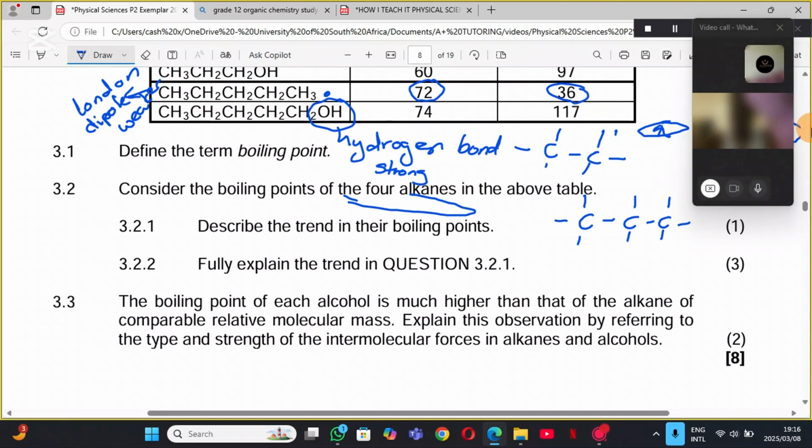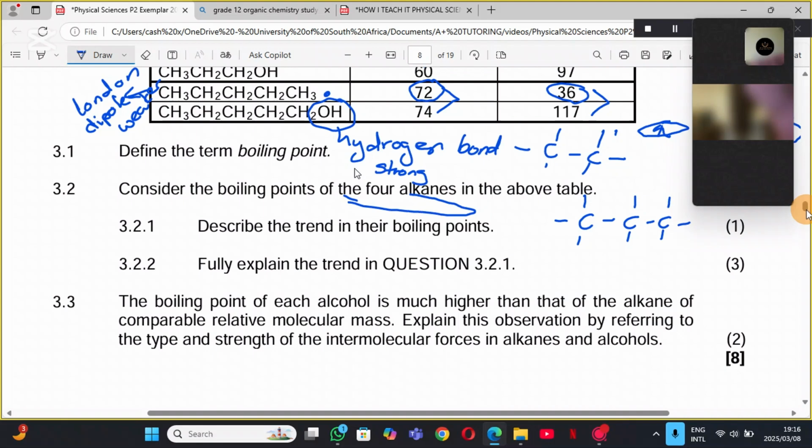So now they are asking, why is it that the boiling points are not the same, even though their masses are close to each other? Why is it that the boiling points have a greater difference? Because the OH is a hydrogen bond, which is a very strong bond that requires a lot of energy to be broken.